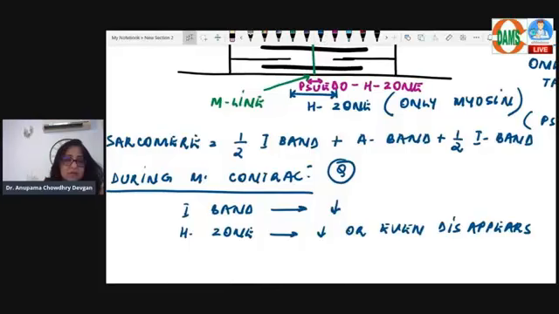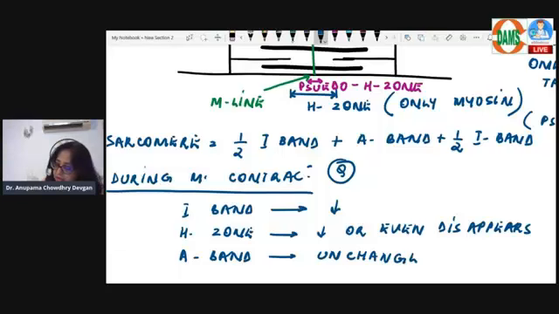But what will happen to the A band? The A band remains unchanged.